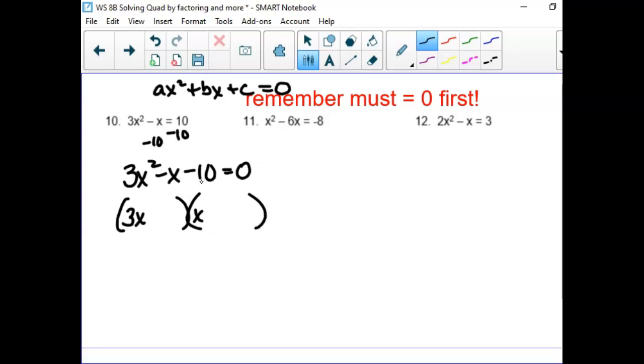I usually don't start with the 1 and 10s. If we put a 2 and a 5, we don't know that that order is a good plan, right? Right now I have a 2x and a 15x when I multiply here. Is that going to give me a 1 in the middle? What do you want to try next? Switch them around.